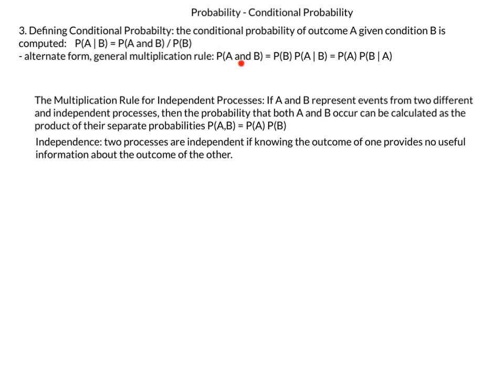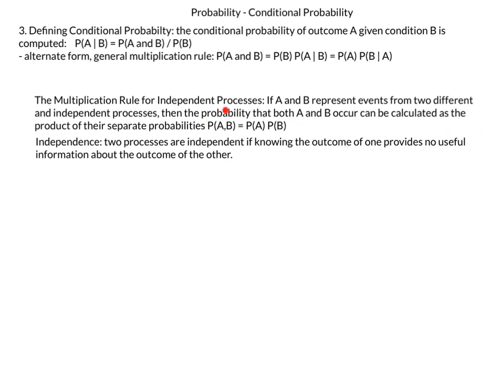I also like this form because it looks like, and actually it really is, the generalization of the multiplication rule for independent processes. Remember, independent processes means that knowing the outcome of one provides no useful information about the outcome of the other.